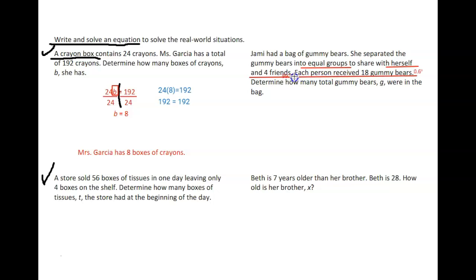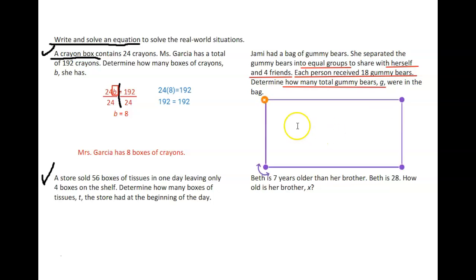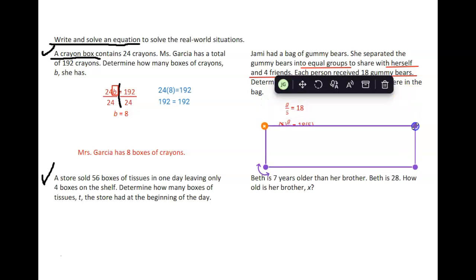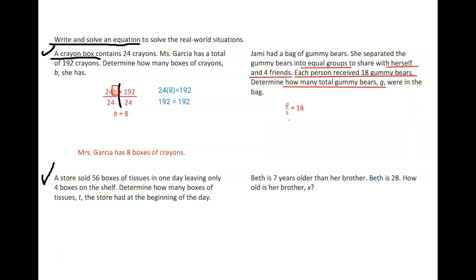Determine how many total gummy bears there were in the bag. So we are looking for the total that Jamie started with, and we are going to split it between 5 people, Jamie and her 4 friends.